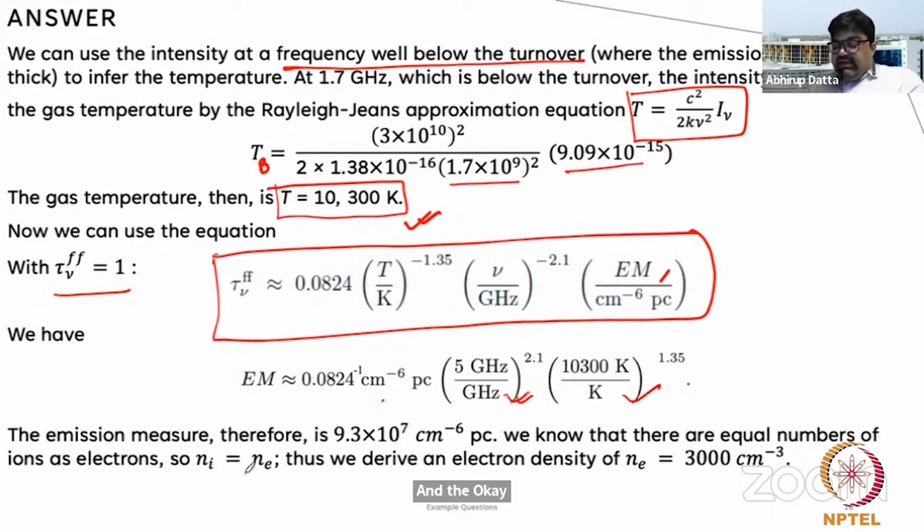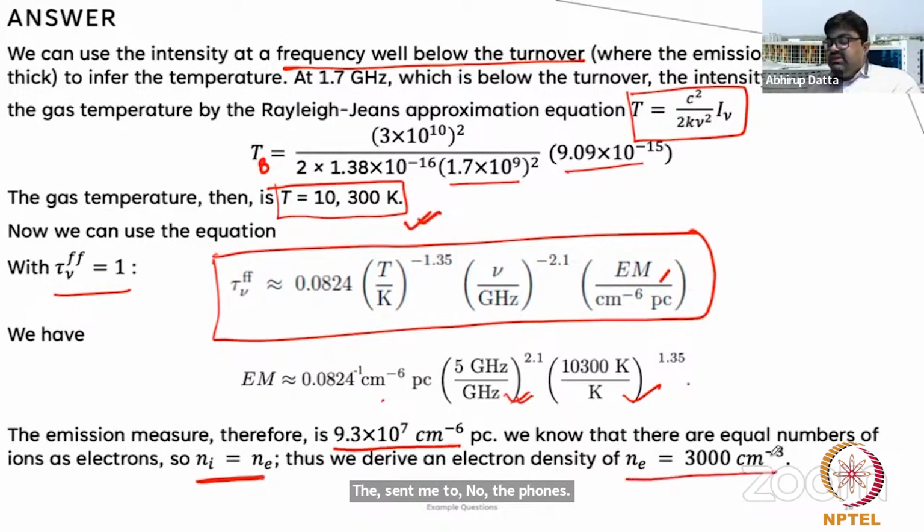If we do that, the emission measure comes out to 9.3 times 10 to the power 7 centimeter inverse to the power 6 PC. And we know the electron density Ni is equal to Ne, so the density is 3000 per centimeter cube.